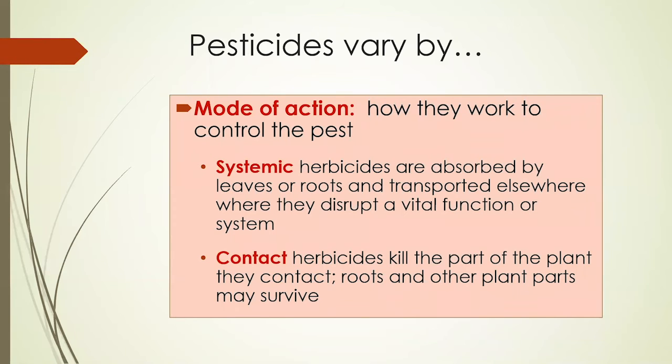Pesticides vary a lot, and I could take a whole hour discussing modes of action, but we're just going to subdivide here into two main groups. Systemic herbicides are absorbed by the leaves or roots of the plant and transported elsewhere where they disrupt a vital function or system. Contact herbicides kill the part of the plant they contact. The roots and other plant parts may survive.